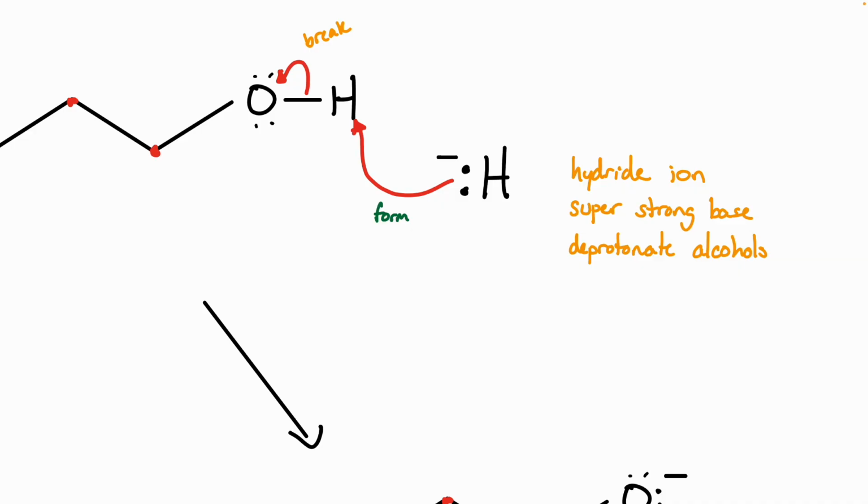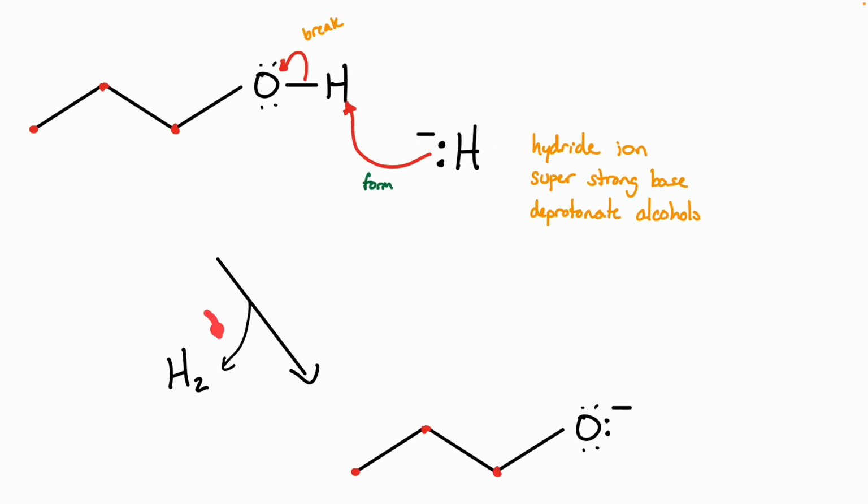Hydrogen and hydrogen, which means that my inorganic product is H2. And what do we know about H2? Hydrogen, solid, liquid, gas. It's a gas, right? So what happens is you create this gaseous hydrogen molecule that then just bubbles out of your solution.